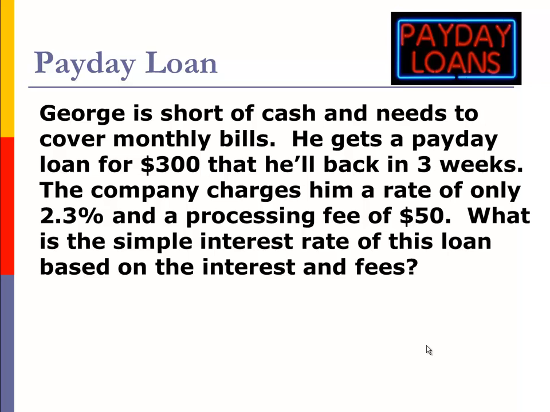When you're looking at this, a 2.3% loan, that's not too bad. But we've got to remember some things. We have a time frame, but the key thing I want to bring to your attention is the $50 fee. So when getting a loan, let's lump it all together. When looking at mortgages and loans for cars, don't just look at the advertised interest rate.